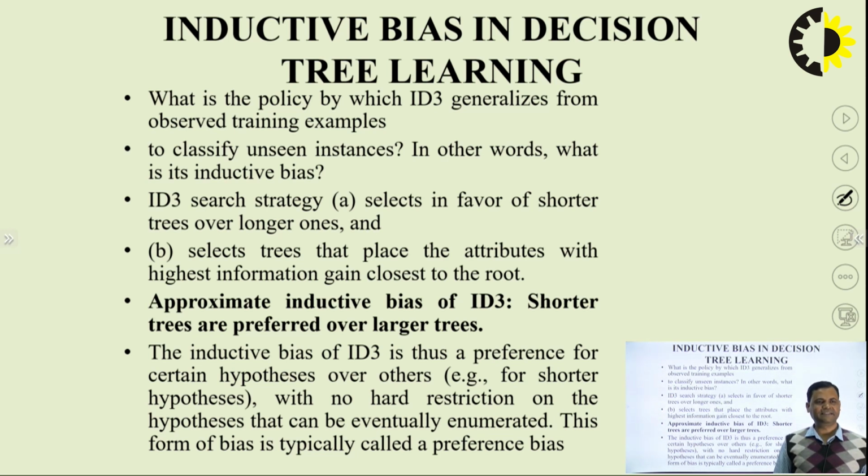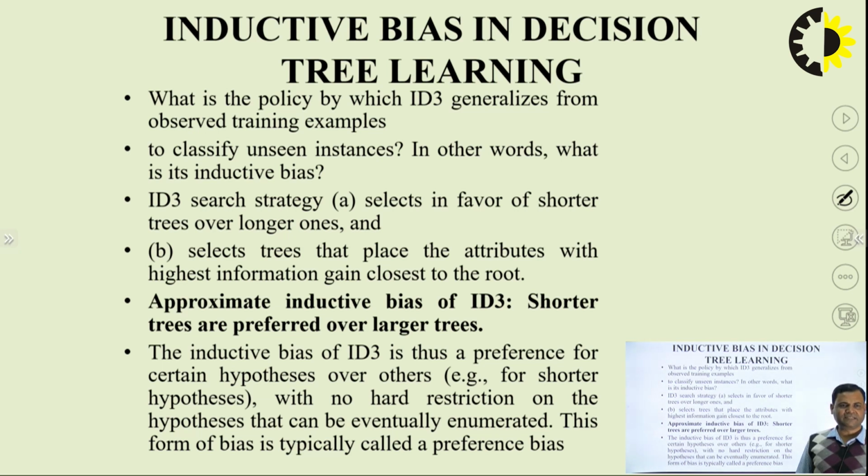Another bias is that we select trees that place the attribute with the highest information gain closest to the root. So the approximate inductive bias of ID3 is that shorter trees are preferred over larger trees. That is the basic inductive bias in decision tree learning.